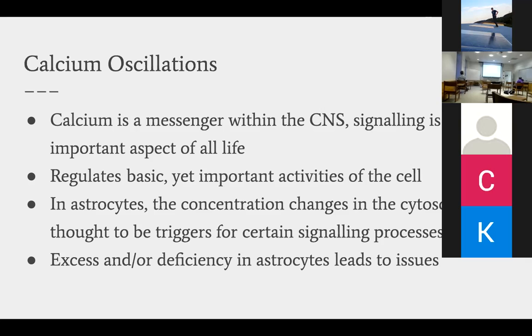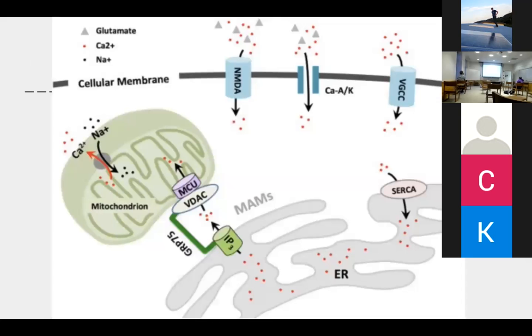After we change the mitochondria in our modeling, we're really looking at the concentration in the cytosol as well. Either an excess of calcium or a deficiency within our astrocytes can lead to a lot of issues. So that is what we looked closely at.